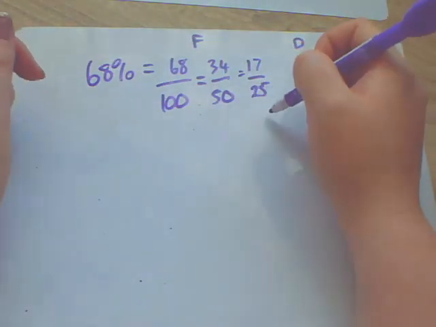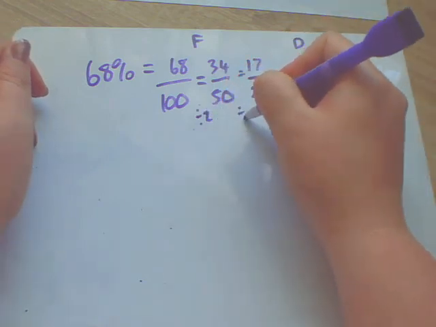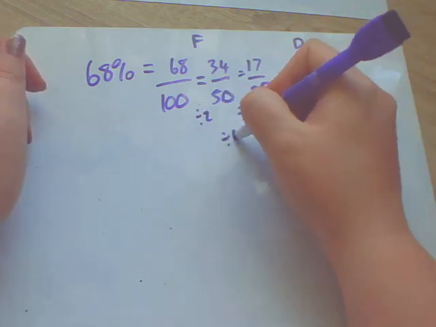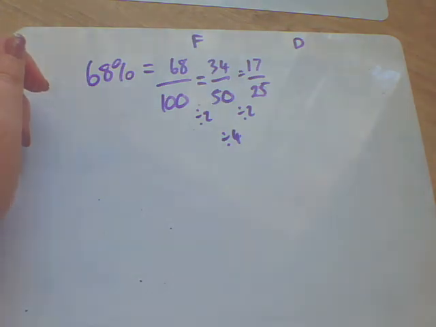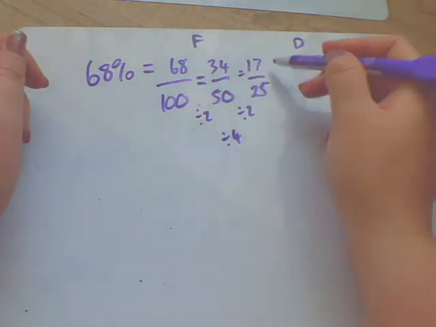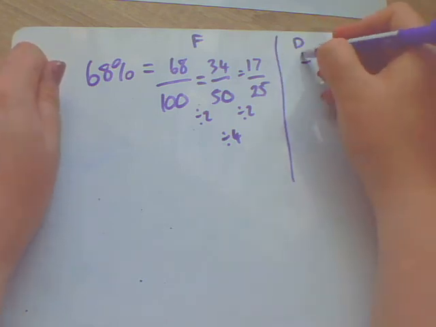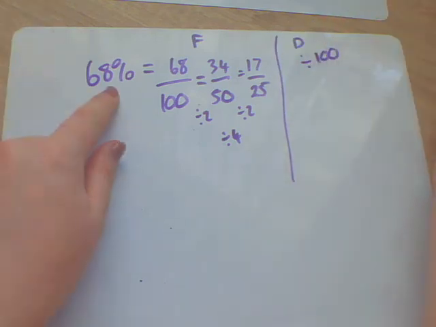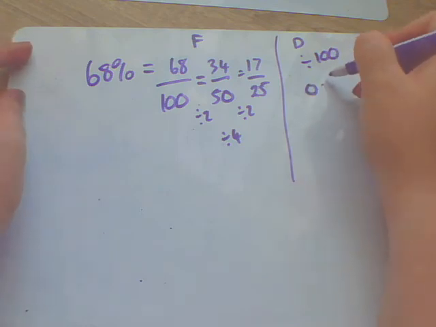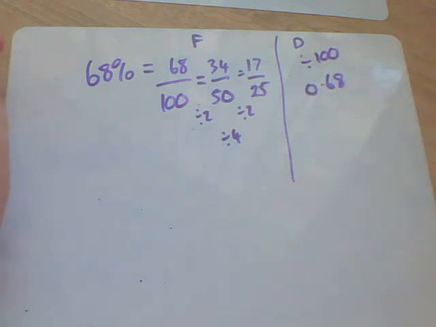I can't cancel any lower, so I divided by 2 and then divided by 2 again. So that's the same as dividing by 4. Okay, so 17 out of 25 is the equivalent fraction. In terms of the decimal, we said to divide it by 100, so 68 divided by 100 is 0.68. Okay, so nice and straightforward there.